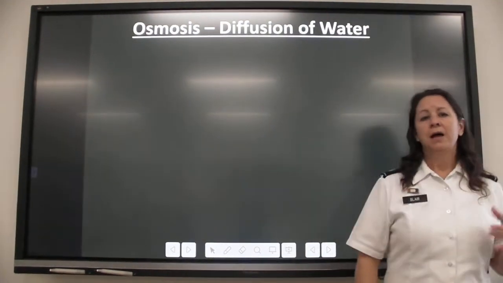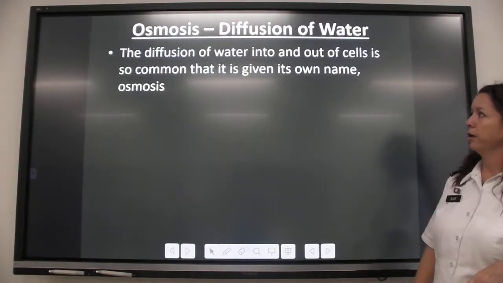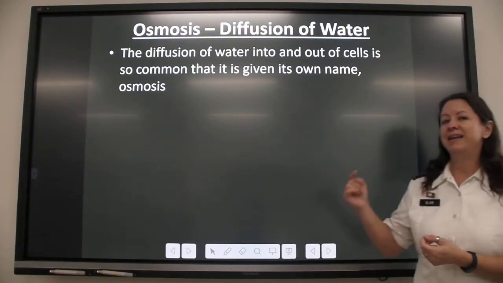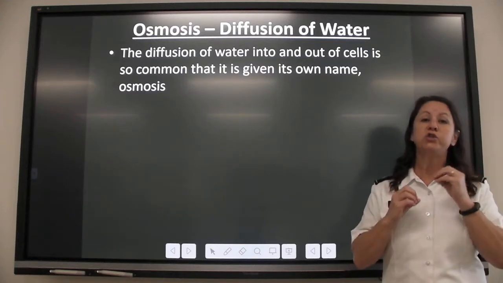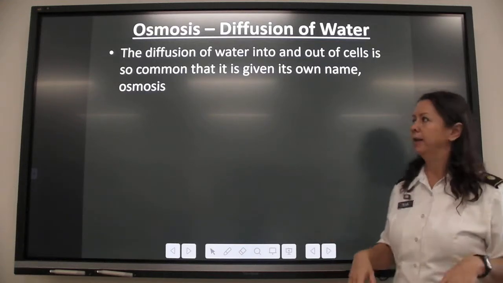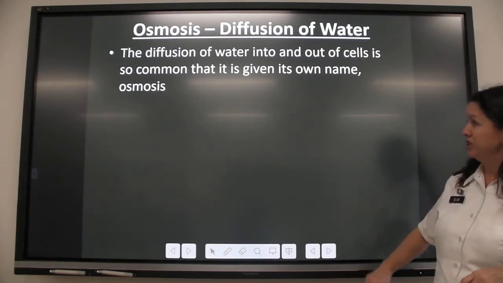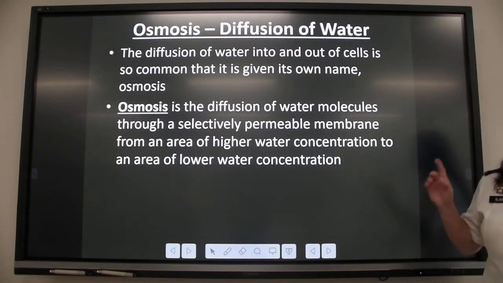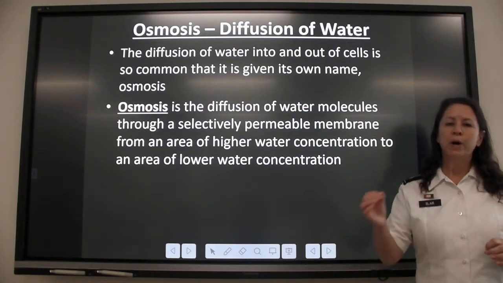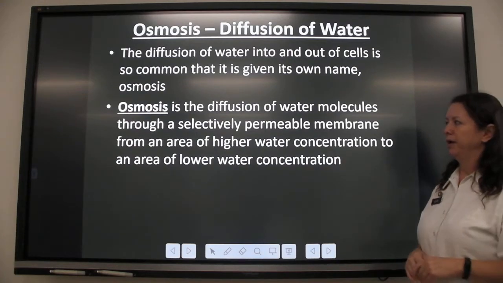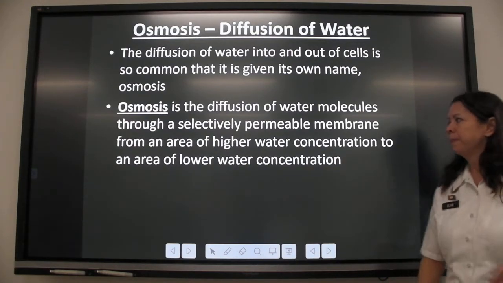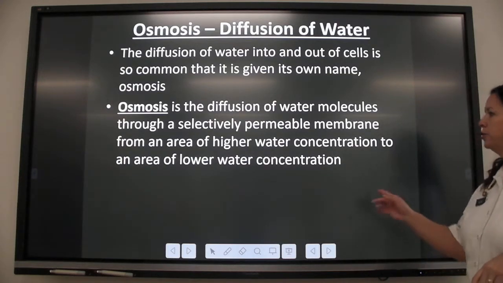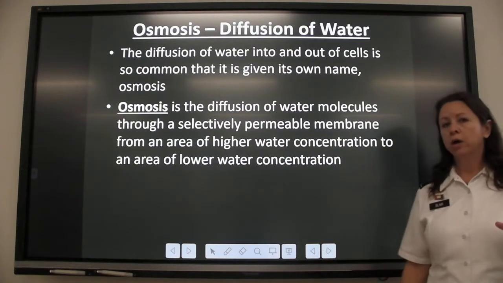Now, osmosis is the diffusion of water. The reason we have a different name there is because the diffusion of water into and out of cells is so common. It happens so often that we gave it its very own name, which is osmosis. So osmosis is the diffusion of water molecules through a selectively permeable membrane, which is normally our cell membranes, from an area of higher water concentration to an area of lower water concentration.